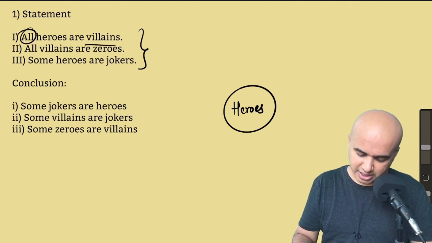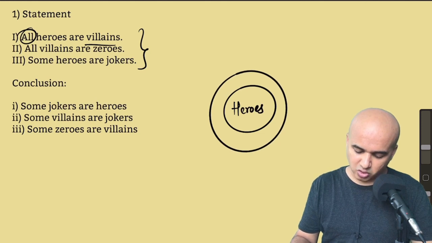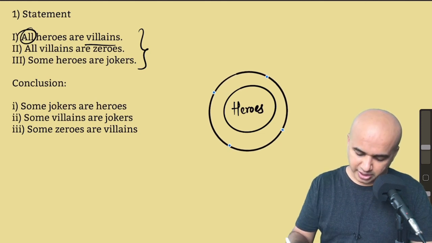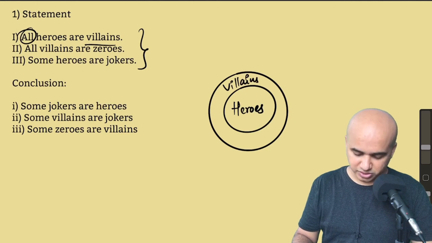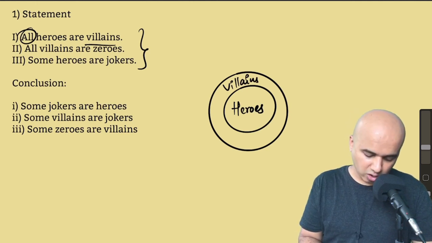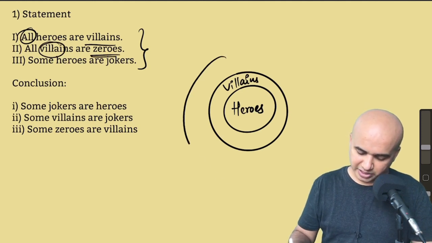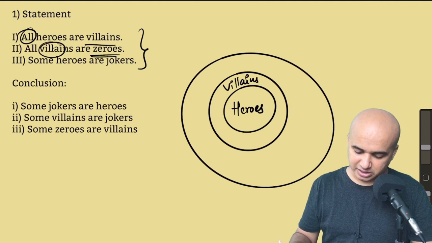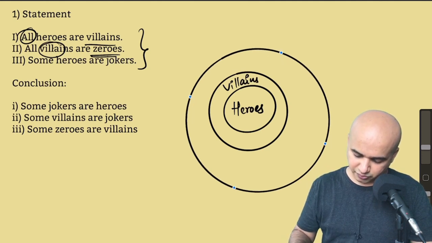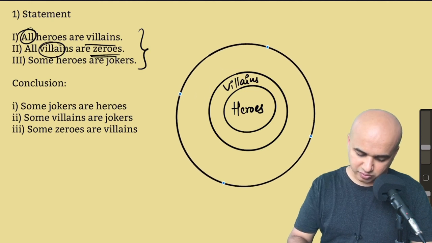That means they're part of a bigger circle called the villains. So now all heroes are part of villains. Then they also say all villains are zeros. So then villains are now part of a bigger circle called the zeros. That is also fine. So this will be the circle of zeros.